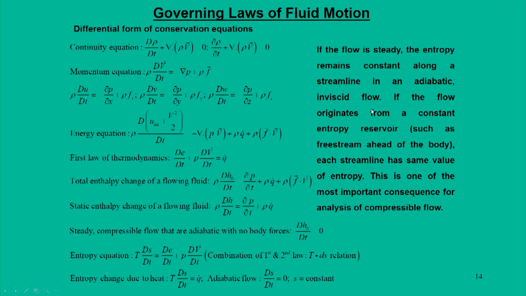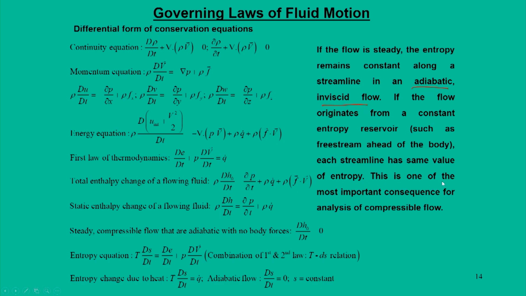One summary that we can draw is that if a flow is steady, the entropy remains constant along a streamline in an adiabatic inviscid flow. If the flow originates from a constant entropy reservoir such as the free stream ahead of the body, which is essentially the case for flying bodies, each streamline will have the same value of entropy.